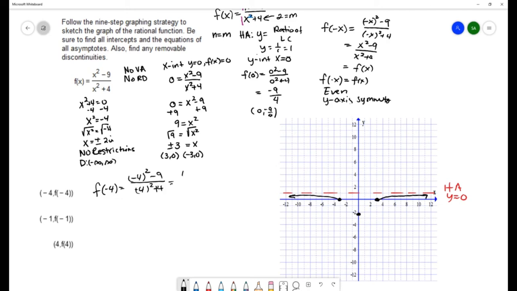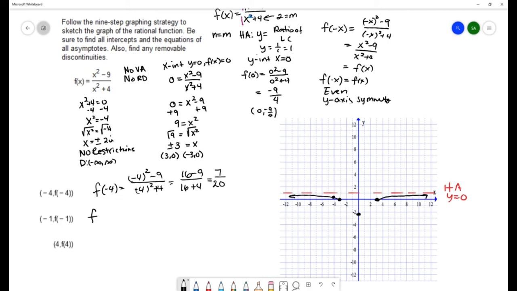That's 16 minus 9 over 16 plus 4. 16 minus 9 is 7, and 16 plus 4 is 20. So 7 over 20 is a small value, and I already drew the graph at that spot.